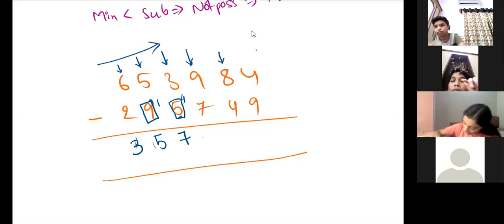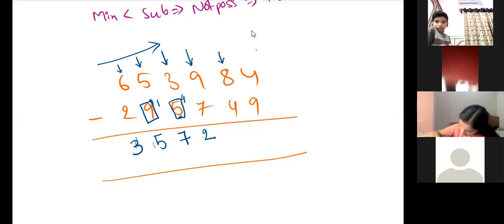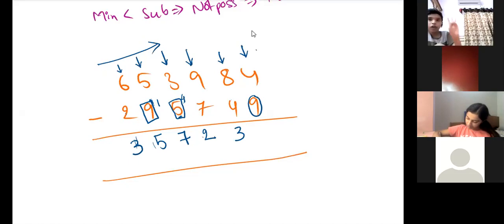Match or mismatch? Match. That's why we keep it as it is, 2 only. Next, 8 minus 4 is how much? 4. But in the next column, because it's a mismatch, 4 will become 3. What is the complement of 9? 1. We have to add it to the above number 4. It will be 5.